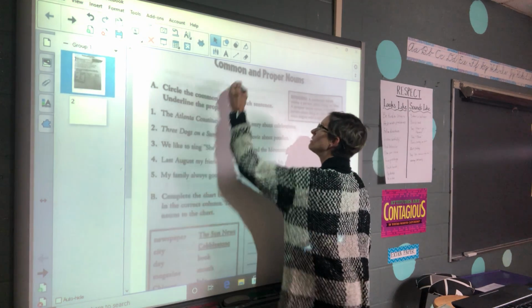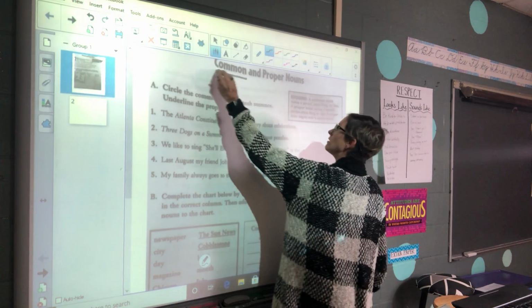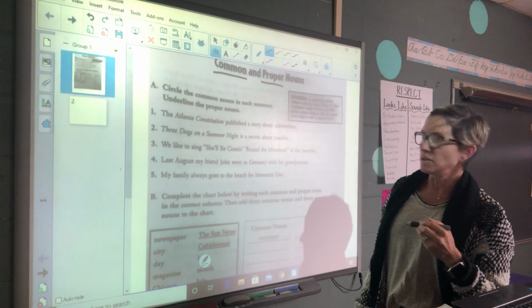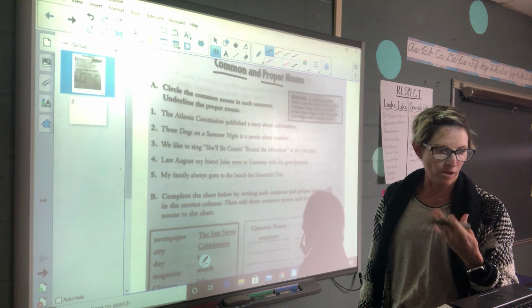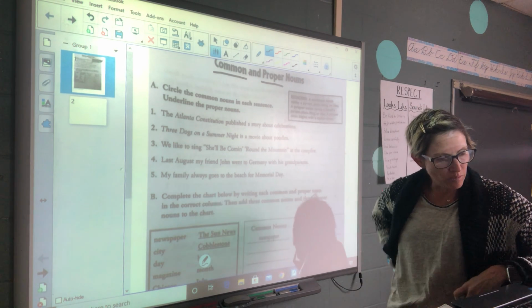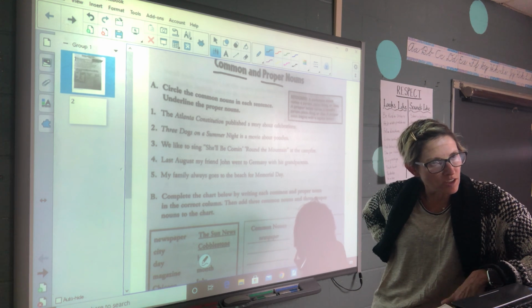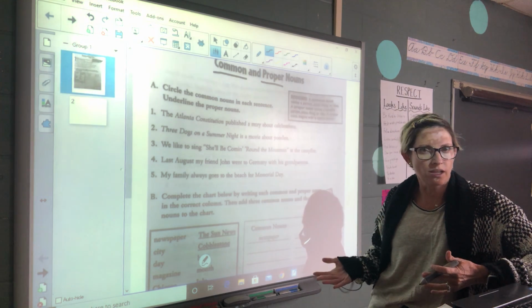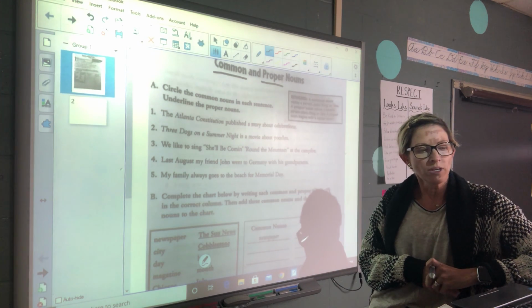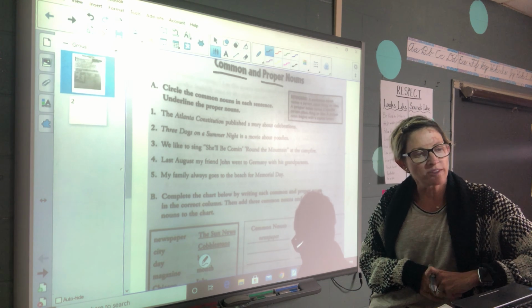The difference is one is going to be capitalized and one is going to be lowercase, okay? And you have to determine which is which. If it's common, it's just going to be a regular, any kind of noun. Like say I say the word restaurant. To make that a proper noun, I would make it into a specific restaurant.